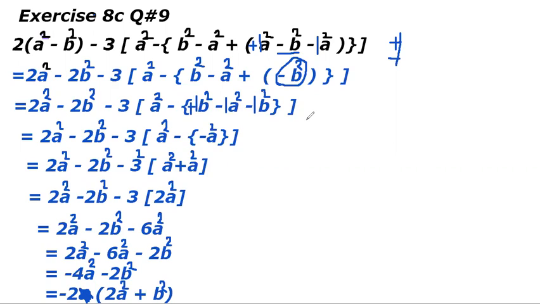Positive b square means positive b square one time, and negative b square means negative b square one time. They will cancel out each other, so the term b square will finish.